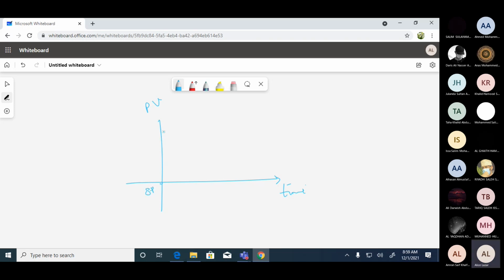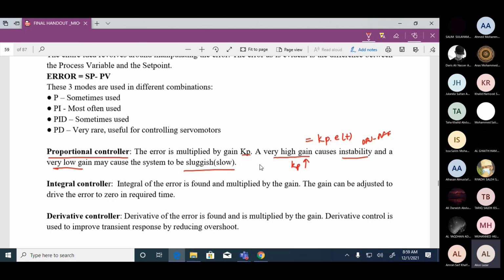Let us say that because of some disturbance, okay, initially your value was at the set point, then because of disturbance, the process variable increased. Now what do you expect? You expect that after the control action, it should come back to the set point. So this duration, or time taken for the proportional controller to go back to the set point, is dependent on the value of Kp, which is giving you two situations, either making it slow or making it too fast and unstable. Both are not desirable.